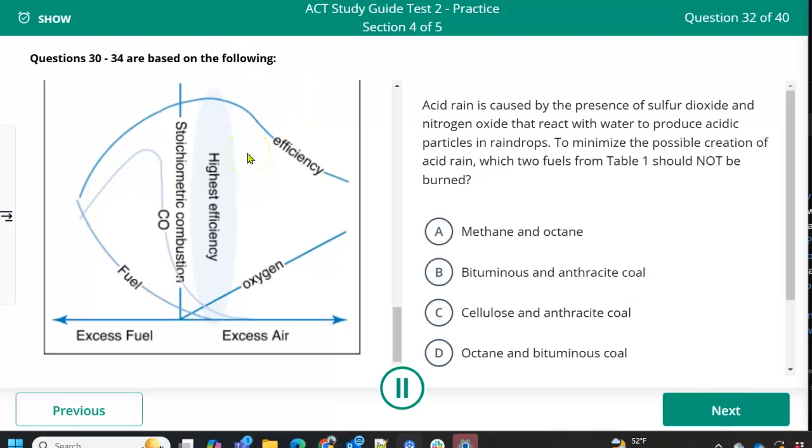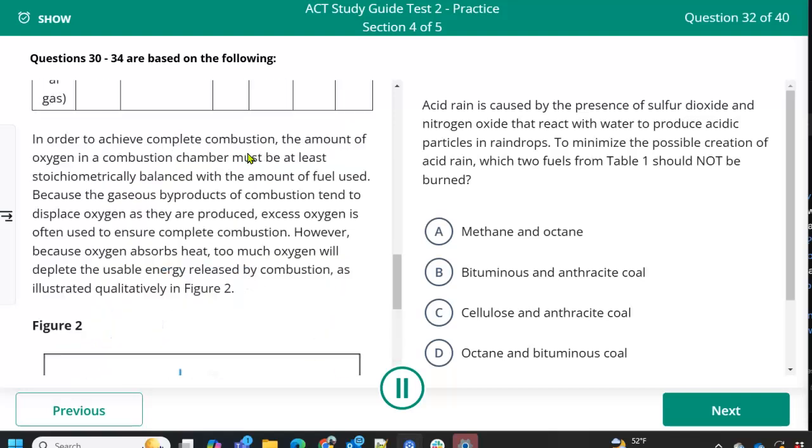Acid rain is caused by the presence of sulfur dioxide and nitrogen oxide that react with water to produce acidic particles in raindrops. To minimize the possible creation of acid rain, which 2 fuels from table 1 should not be burned? All right, so what we're looking for is we don't want nitrogen oxide, we don't want sulfur dioxide.